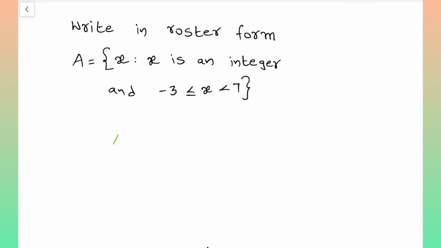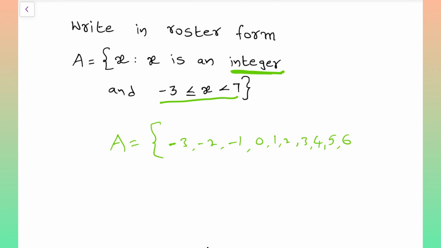So set A equals, starting from minus 3: minus 3, minus 2, minus 1, 0, 1, 2, 3, 4, 5, 6. Here he is mentioning clearly that it is less than 7 only, so 7 we should not include. So this is the roster form of the given set.